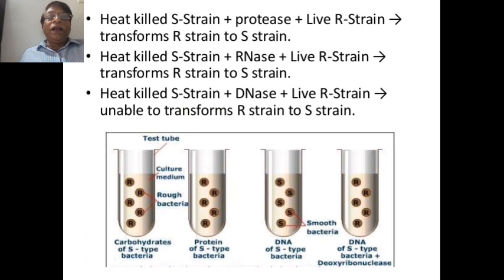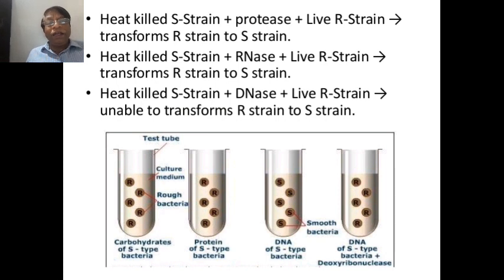He conducted another experiment. He killed S strain mixed with RNase, that means RNA digesting enzyme, and R strain. After this experiment, he found R strain transformed into S strain. Then he conducted another experiment.